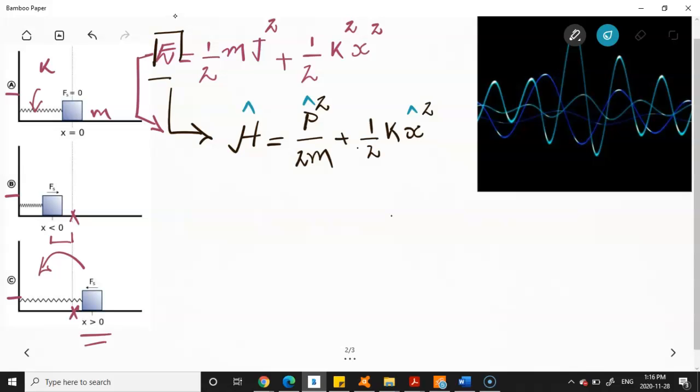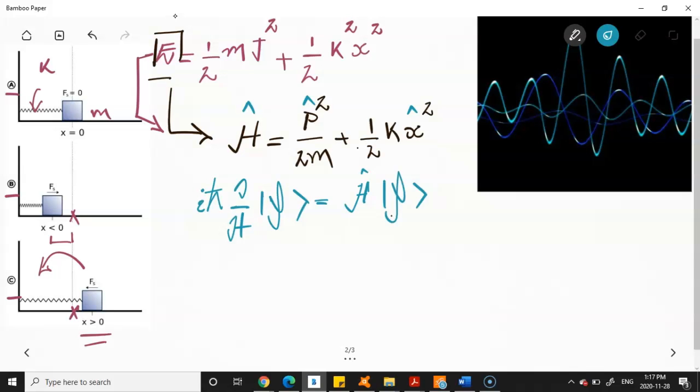There is some technicality: we have to use the Schrödinger equation, which is i, the imaginary unit, times h bar, the Planck constant, times the partial derivative with respect to t of psi, written in Dirac notation as a ket, equal to the Hamiltonian H acting on the state of the particle, the ket psi.